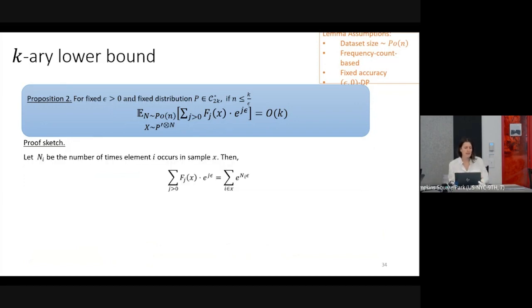So if we let n sub i be the number of times element i occurs in the sample, then it turns out that we can relate the quantity in the summation with e to the n sub i. So if you're counting the number of items that occur j times and summing over j, that's just equal to e to the n sub i epsilon, where we're summing over all of the items in the data set.